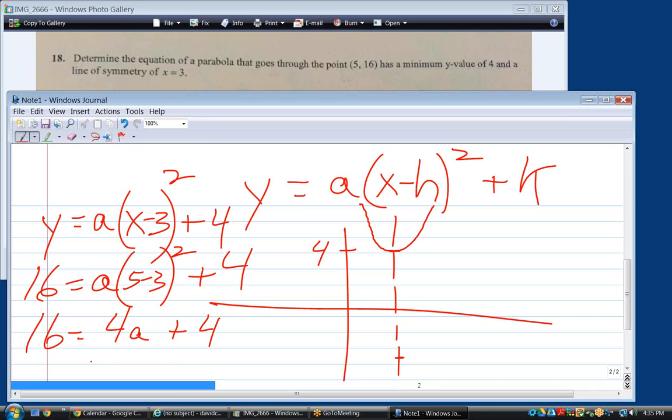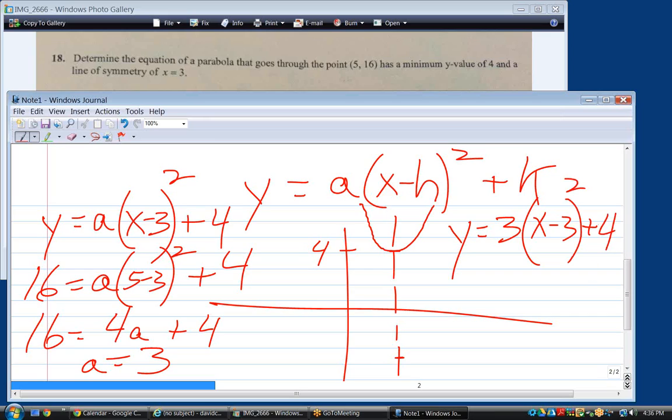A equals 3. So the equation is what? Y equals 3 times (x minus 3) squared plus 4. That's how you do it.